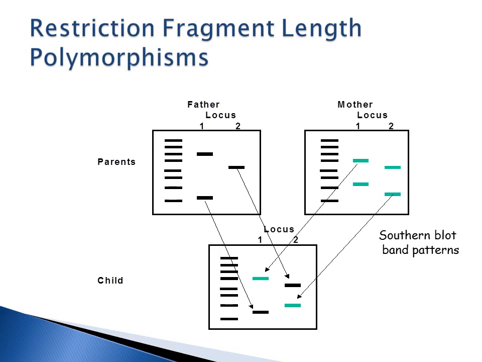So you can look at your RFLPs and you could look at the father at 2 different loci, you could look at the mother at your 2 loci, and then you could look at a child from the biological parents. At each locus, the child should inherit 1 allele from the mother and 1 allele from the father.